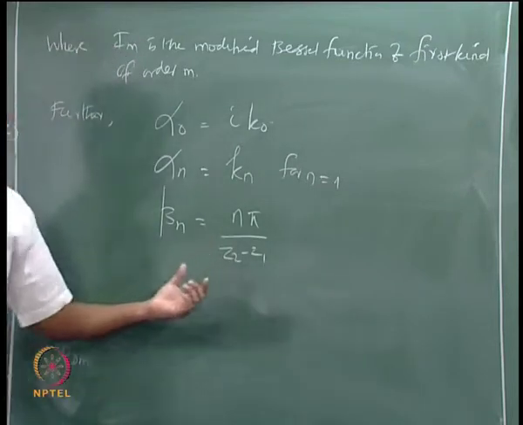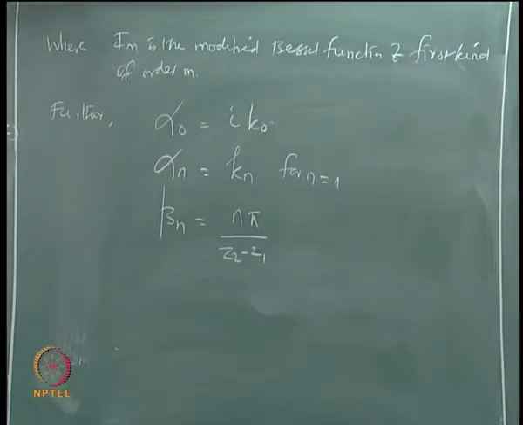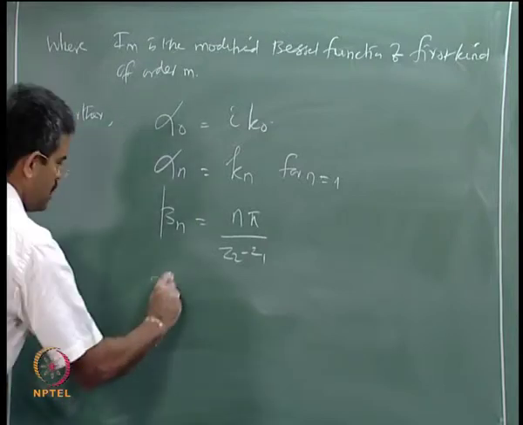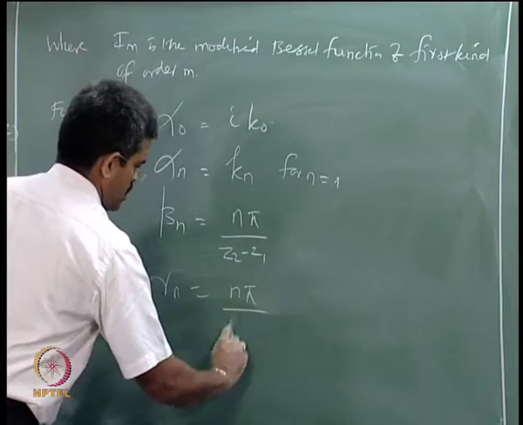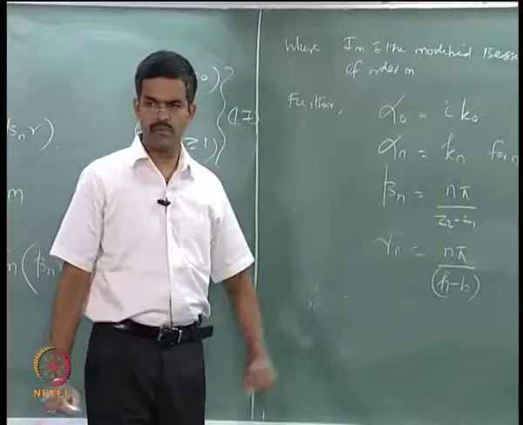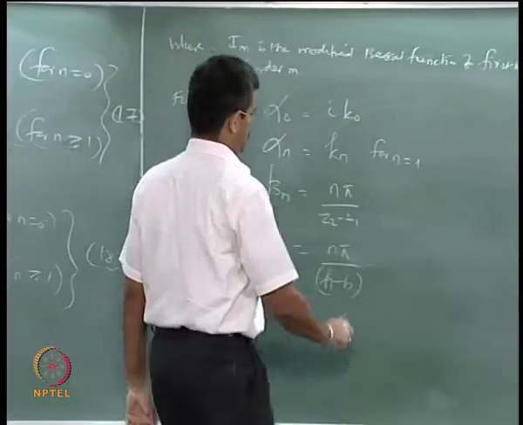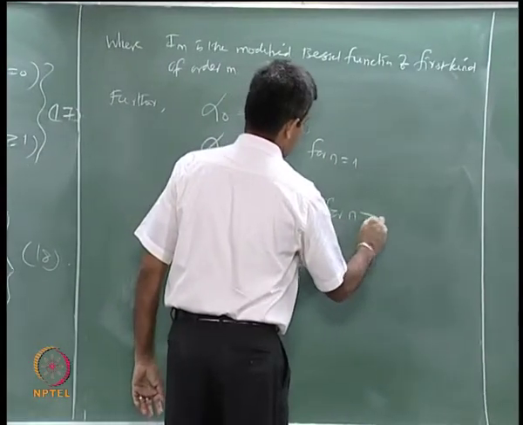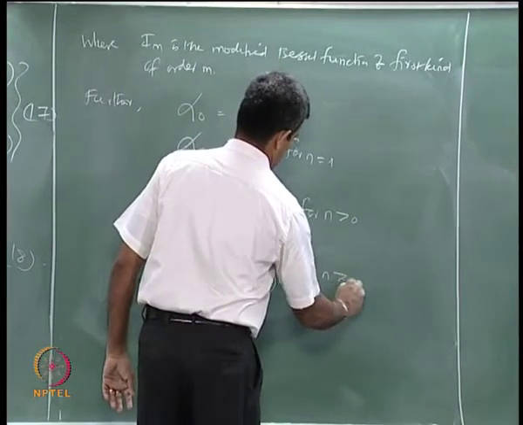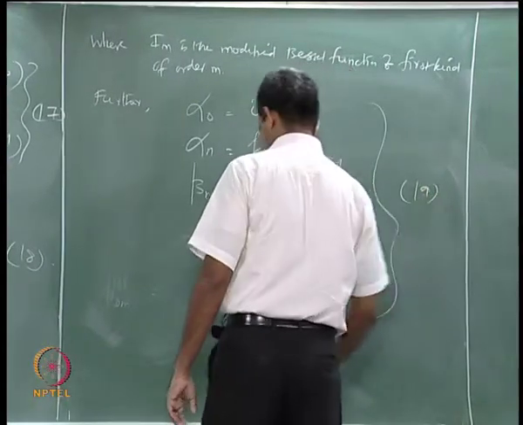You can see this is the region we are operating the porous form, is it not? And gamma n, is it not? This is for region 3, n pi by h minus b, that is the region 3. These are all for n greater than 0. I put all of them as equation number 90.